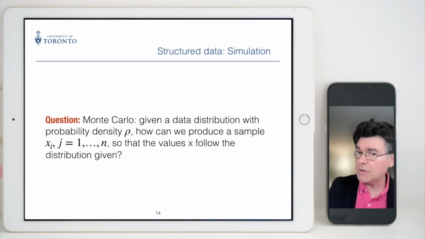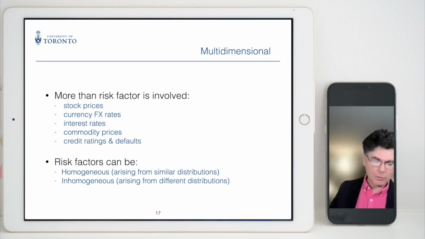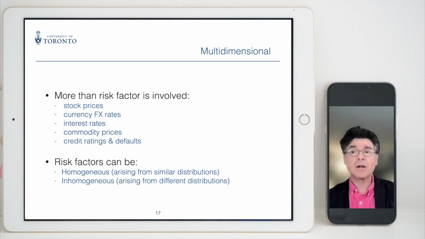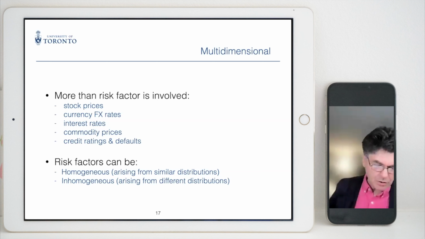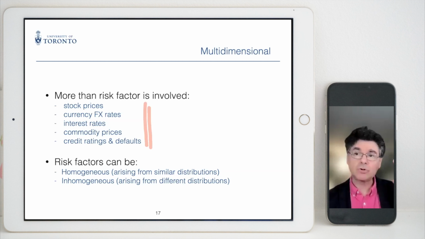So when in one dimension, we know how to do that. In 2 dimensions, it's more difficult. What we saw last week is that in the case that we are dealing with Gaussian variables, there is a way to do that. So in which context does this happen? When I have more than one risk factor involved, I could have stock prices, more than one, like in our example, 2 stocks.